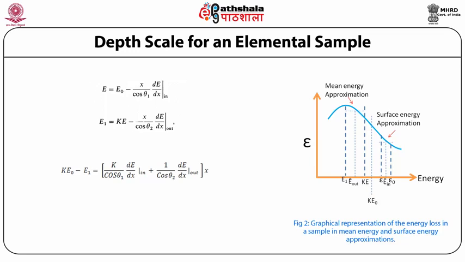The energy KE0 is the edge of the backscattering spectrum and corresponds to the energy of particles scattered from atoms at the surface of the target. The energy E1 is the measured value of a particle scattered from an atom at depth x.